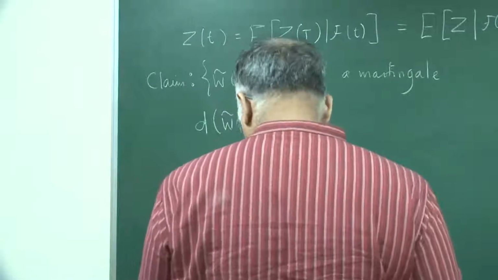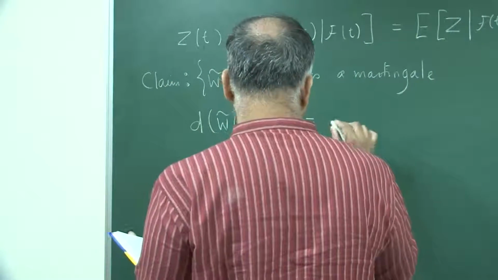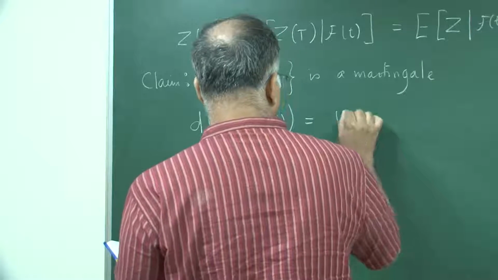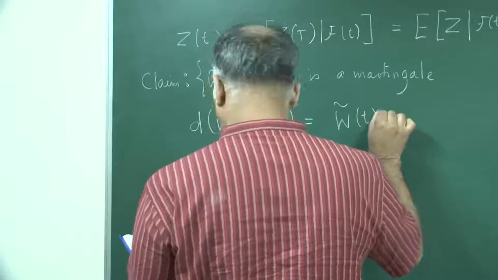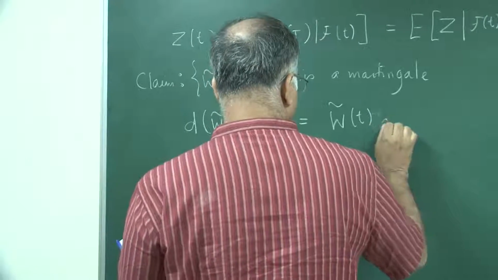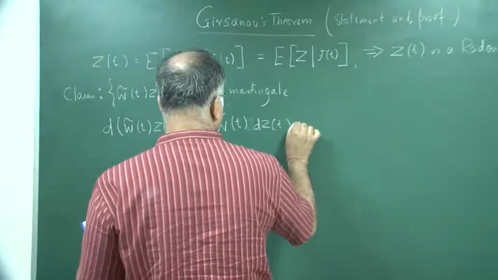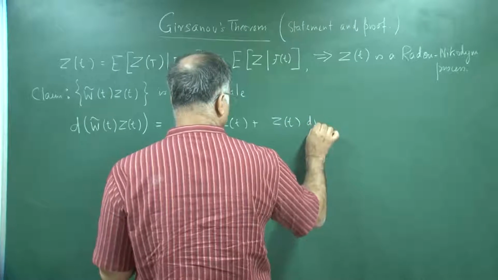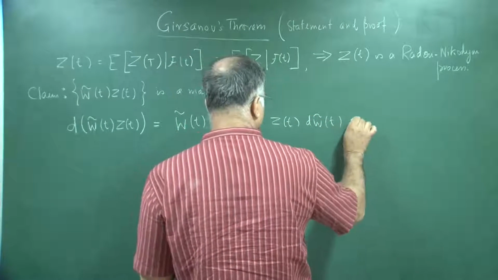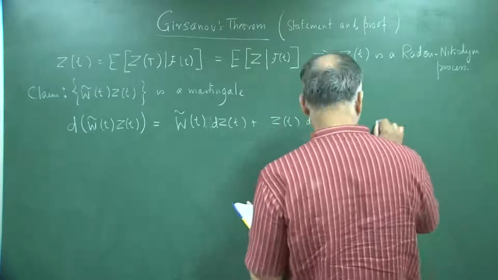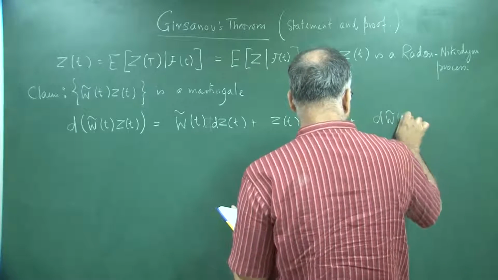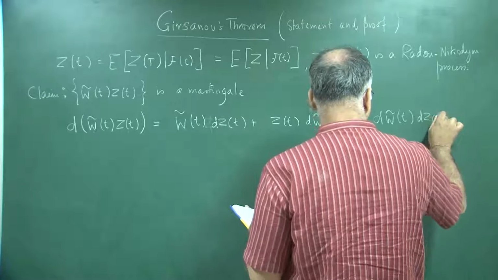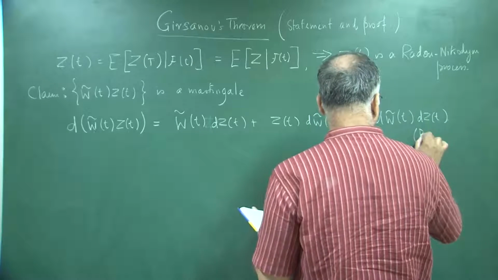Not really derivative, but okay in that sense. So by Ito's product rule, we have W tilde t dZt plus Zt dW tilde t plus dW tilde t dZt.